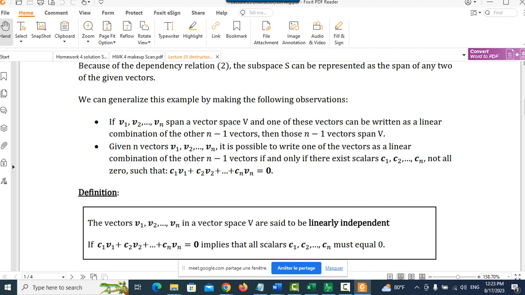In other words, for linear dependence, just like in the previous case, if there exist coefficients, not all of them 0, such that we obtain a 0 here, then we can say that they are linearly dependent.